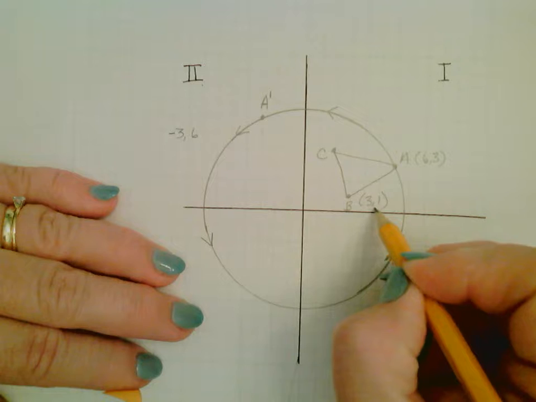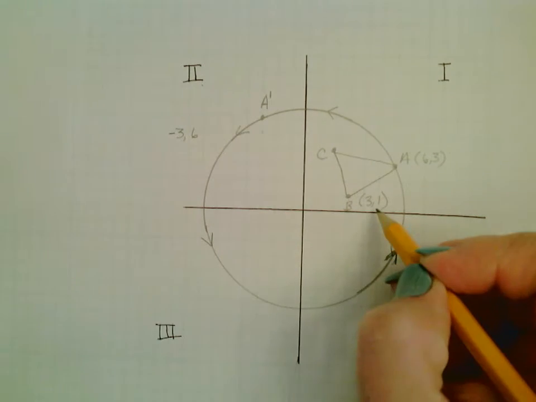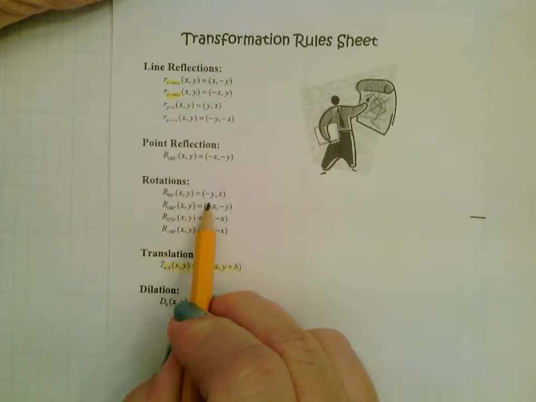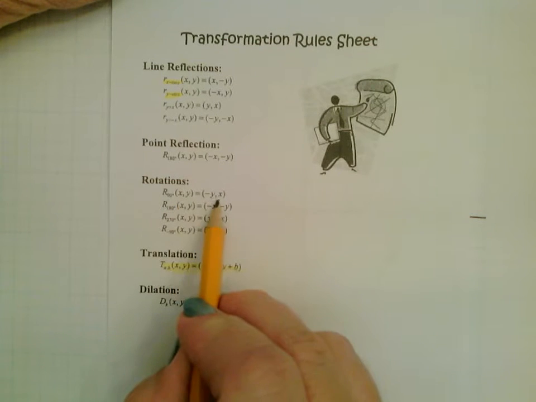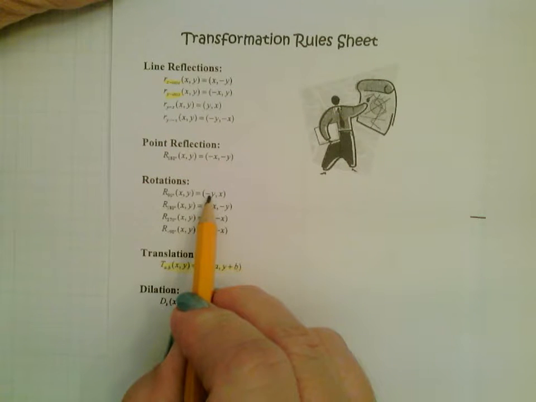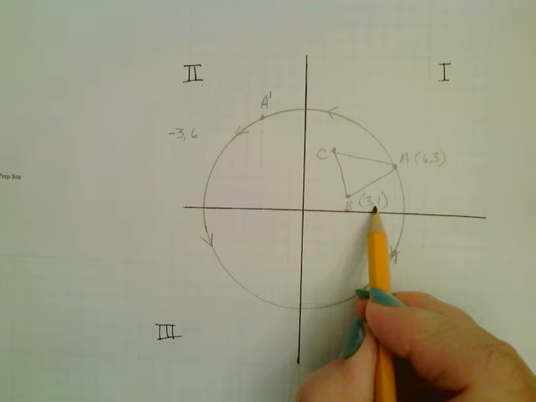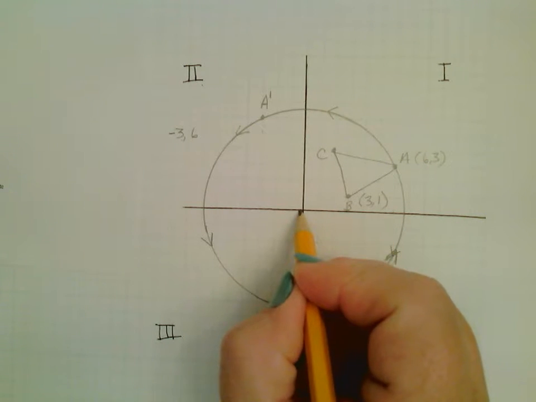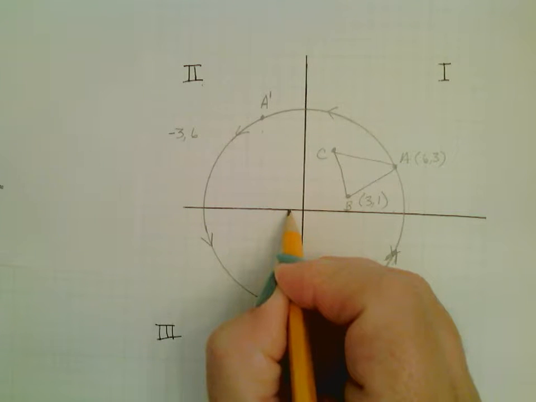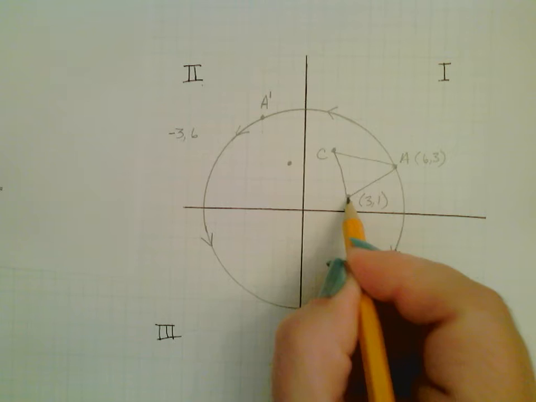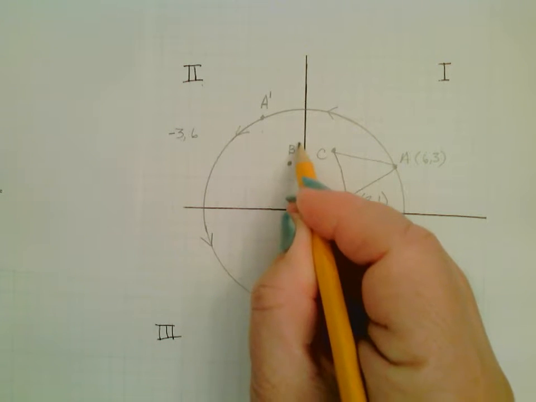According to the rule sheet, just like we did the other point, my X becomes my Y and my Y becomes my X, and that first number takes on the opposite sign. So 3, 1 then becomes negative 1, 3. Here's my new B, B prime.